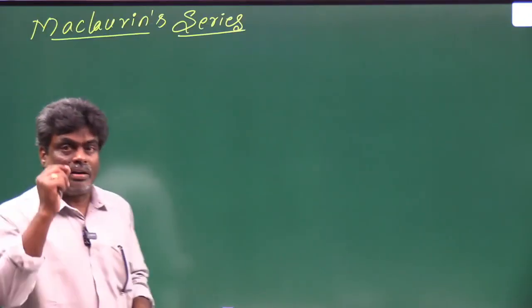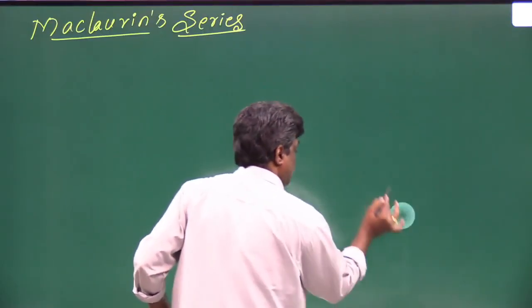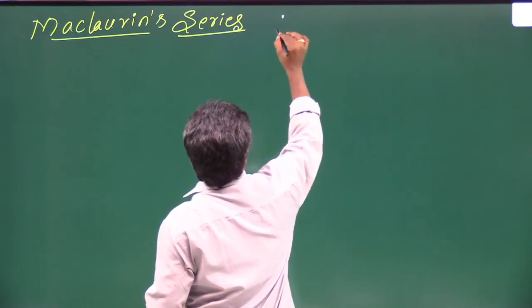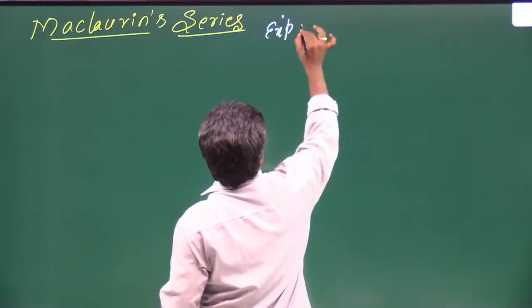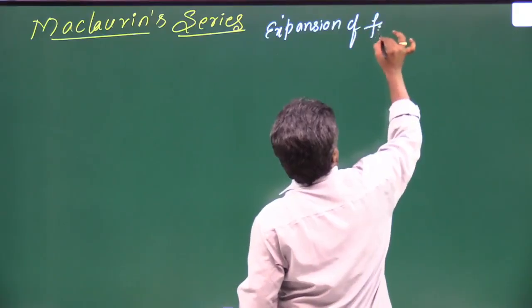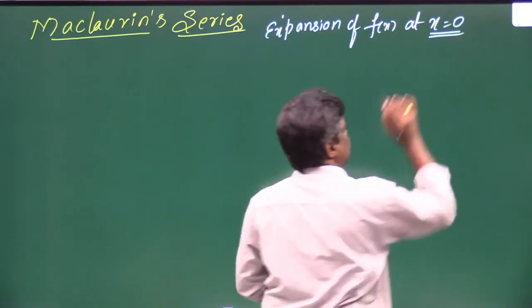Next, Maclaurin series. I have already explained, this is nothing but the Taylor series. This is the expansion of f of x at x equal to 0, that is the origin.